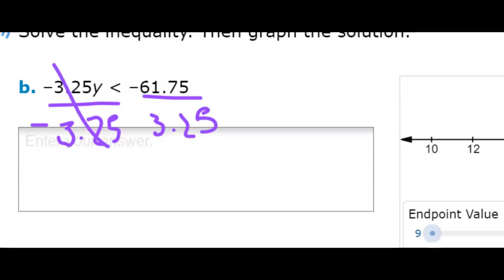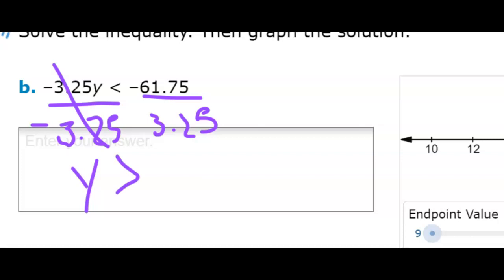And so it cancels out on this side. We have y by itself. And then the symbol, again, when we are dividing by a negative integer, we have to change the direction of the symbol. So now that symbol goes this direction to be greater than.